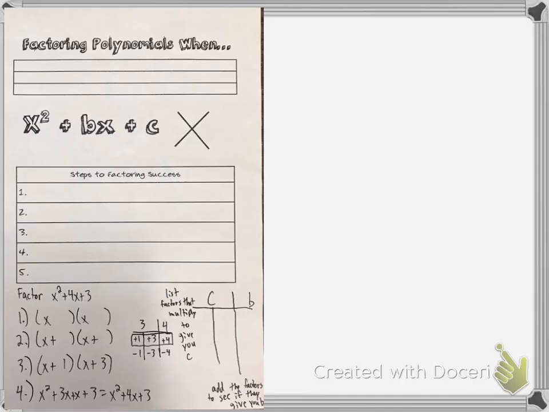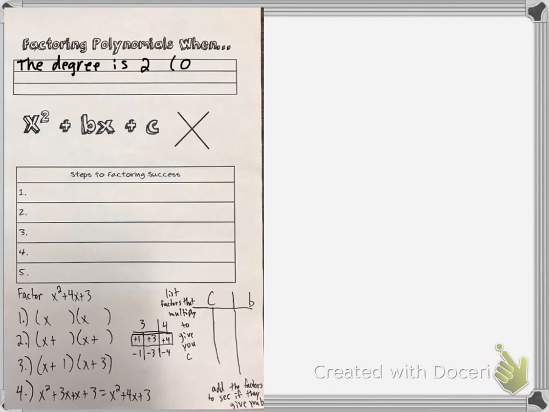So, there's the sheet of paper I gave you, correct? Yep, I think so. So today, we are factoring polynomials when the degree of the polynomial is 2.